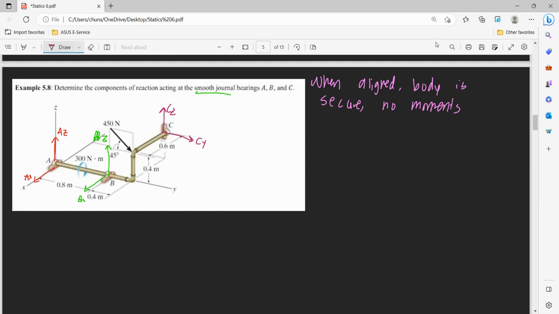So we have 6 unknowns and 6 equations to solve them. So let's start with that. I'm going to decompose this 450 into its Y and Z components. So this is at 45 degrees.